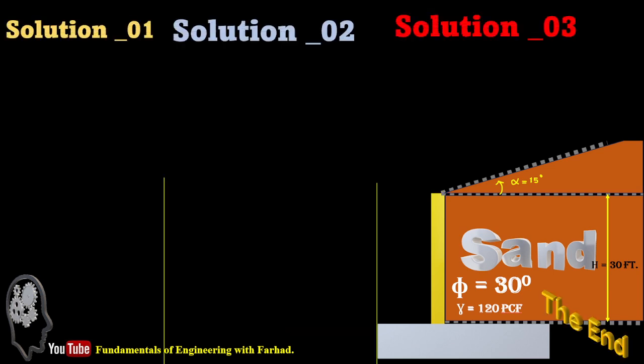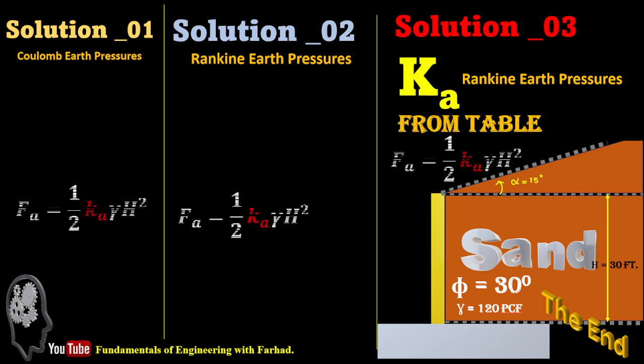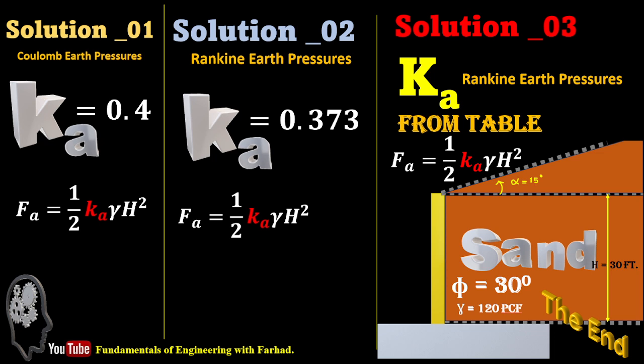And if we want to compare solutions 1 through 3, we have Coulomb, Rankine, and Rankine from the table, and Fa is definitely a half of Ka gamma h squared. The first one gives us a Ka equal to 0.4. The second one, 0.373.